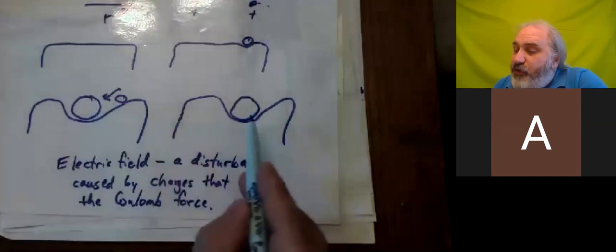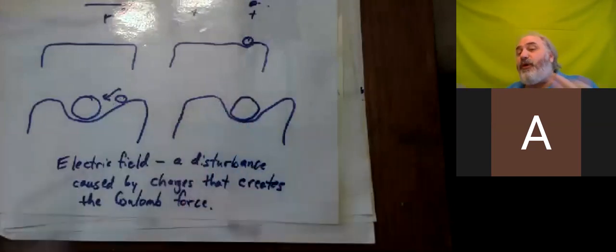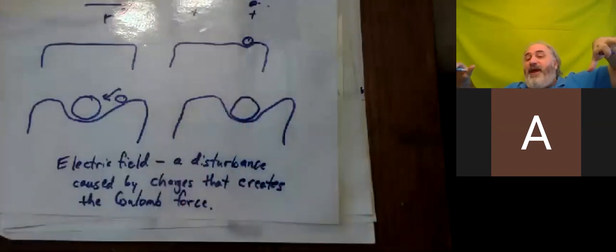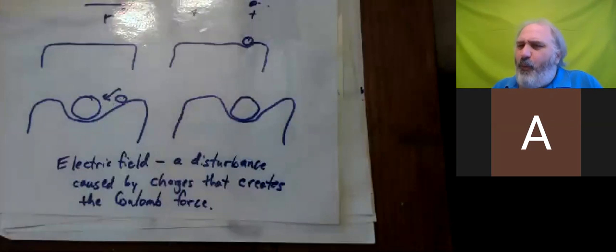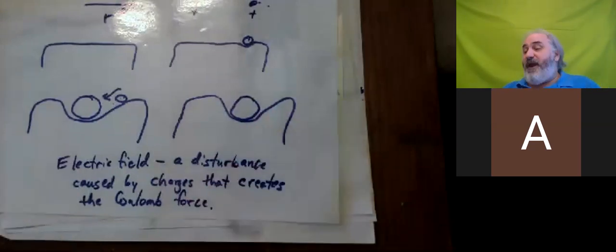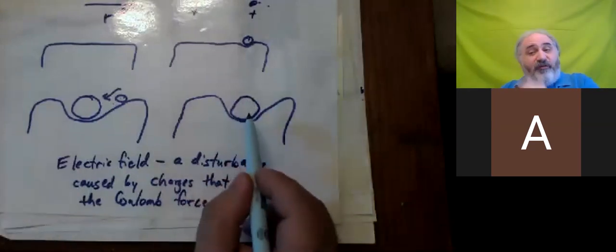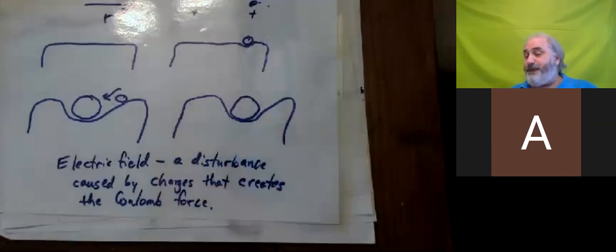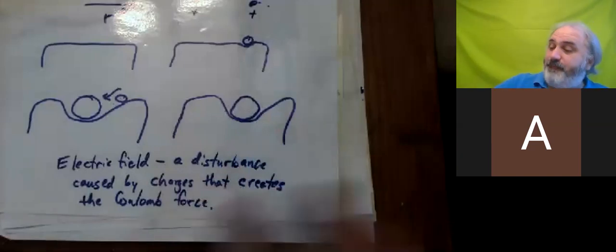That disturbance exists whether or not there's anything else on the bed to get pushed around by it. And so when we talk about the electric field, effectively we're talking about the curvature, or the weird disturbance, created by just one charge. I only have to specify one charge in order for that to happen. And so that is how we're going to come up with the definition of the electric field.